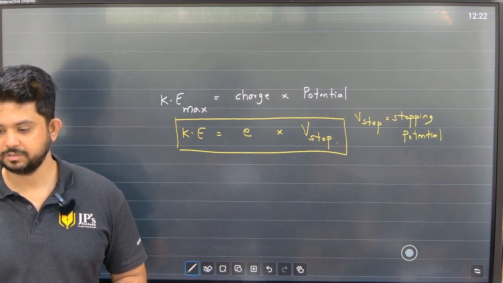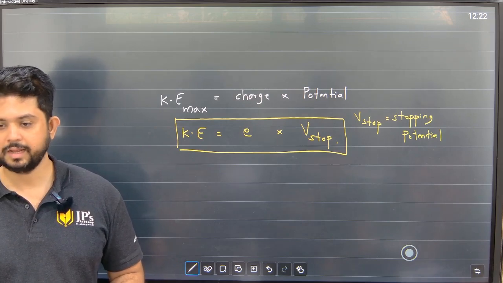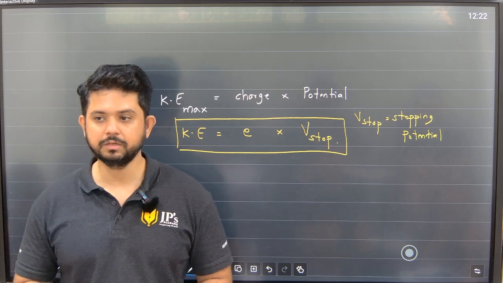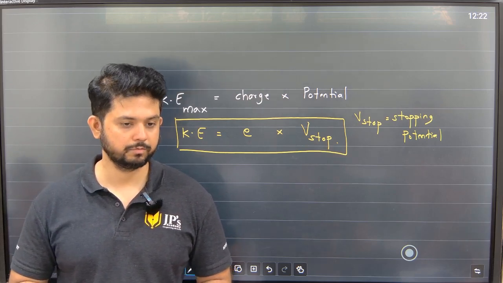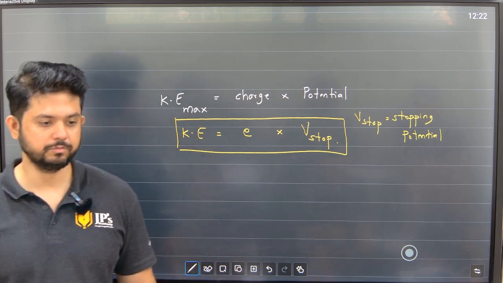Copy the expression and we stop here. Next class we will continue with only the numericals on photoelectric effect. I repeat, we will be doing only numericals of photoelectric effect.